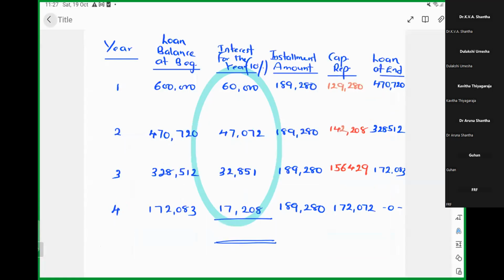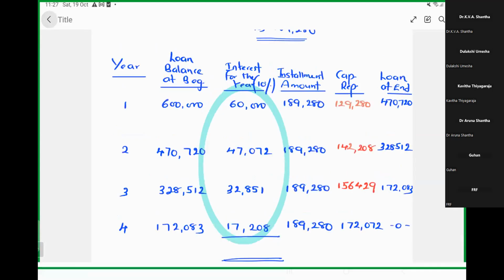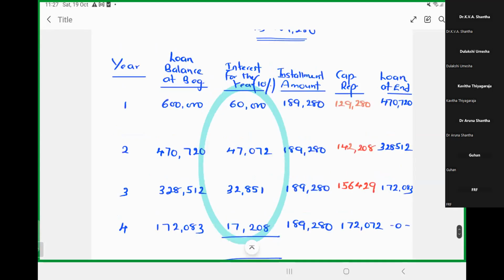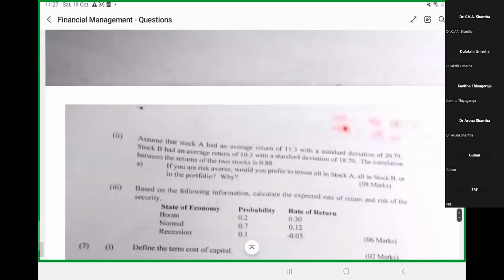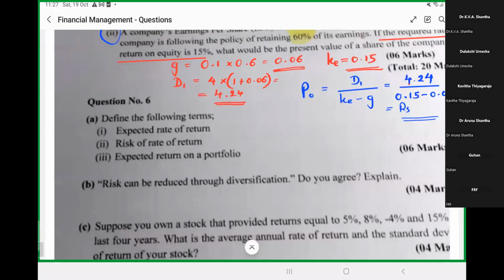Right. So in addition, you have learned capital structure theories. So this lesson also important in the exam.